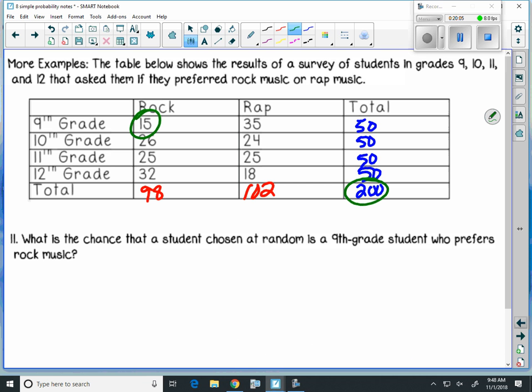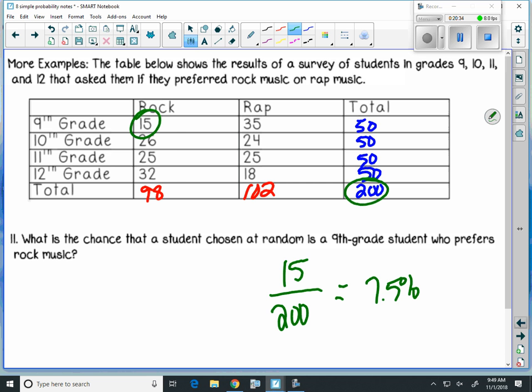So if we look at how many total ninth graders, and we break it down to rock, there's only 15 out of 200. It might be a little bit easier for us to wrap our heads around. So 15 divided by 200, 7.5%, or 0.075 if you want to write it that way.